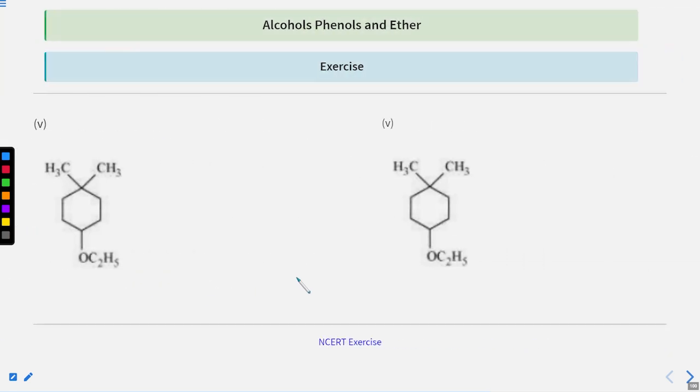What about this? So this is ethoxy. 1, 2, 3, 4. 4,4-dimethyl cyclohexane.